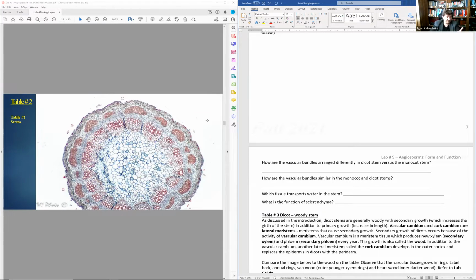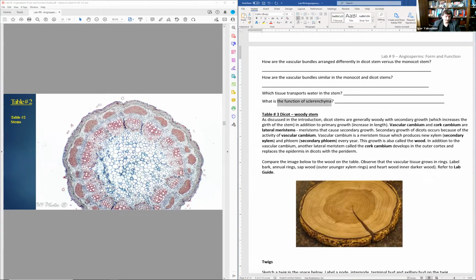Phloem is facing outwards, xylem facing inwards, and it's also reinforced by the sclerenchyma. Which tissue transports the water in the stem? Well, technically both, but water with the minerals is the xylem. What is the function of the sclerenchyma? Same as in the monocot stem, to reinforce the vascular bundle.